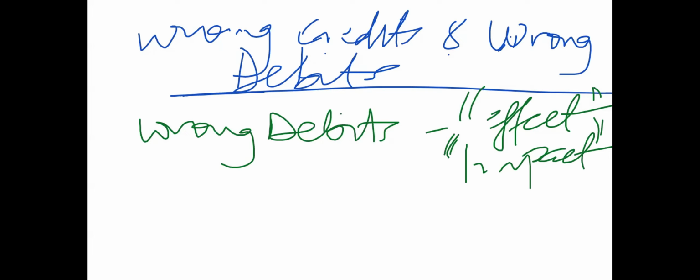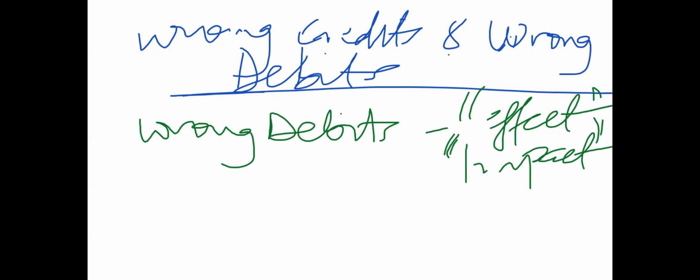But when you look at the uncredited checks, they also behave in the same way, because you thought your account balance is going to increase, but it has not. It has been reduced. Therefore, it means that wrong debits usually move in the same direction as the uncredited checks.